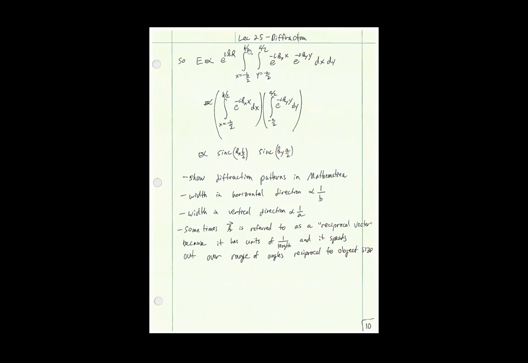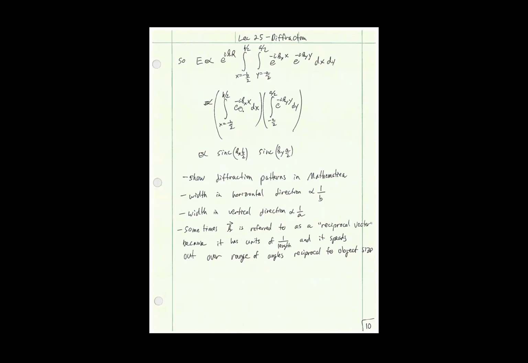So I've got this integral. I've got that the electric field will be proportional to this thing, which is just a constant, multiplied by this integral over the aperture of e to the minus i, x component of k multiplied by x, e to the minus i, y component of k multiplied by y. And for this shape, we get something very, very simple.